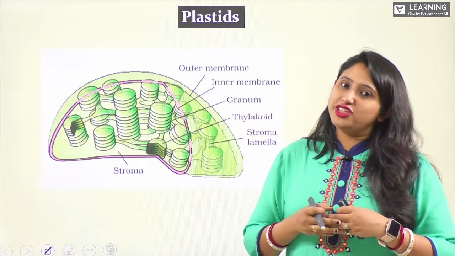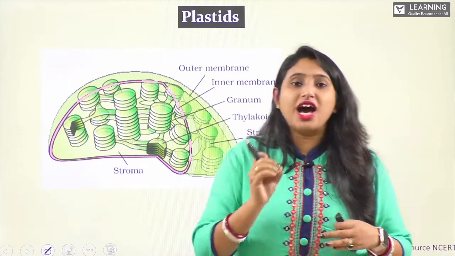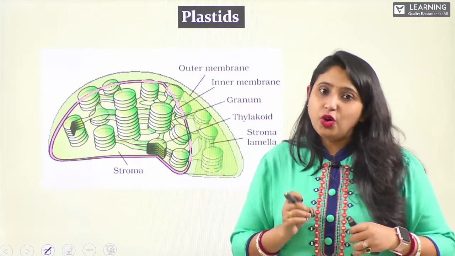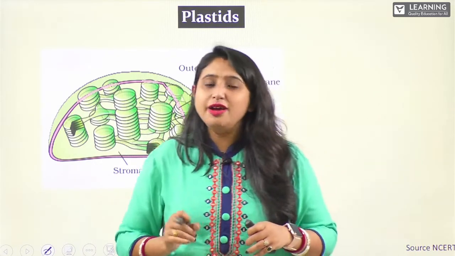Now let us move into the next cell organelle, that is plastid. Is this plastid present in animals? No, it is only present in plants.